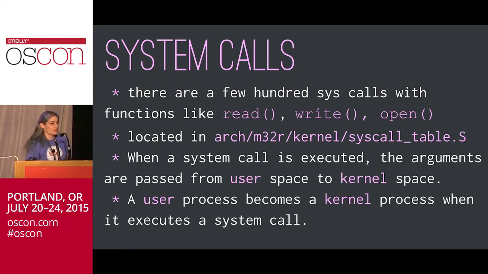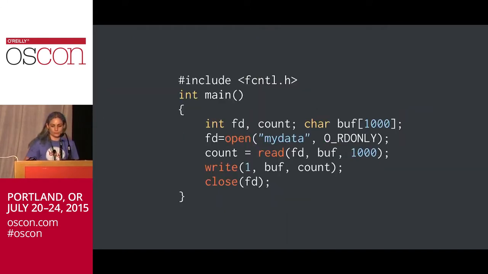There are a few hundred system calls, with the exact number varying slightly between different types of architectures. Some architectures have system calls which are either architecture specific or provide different sizes of parameters to the same function. When a system call is executed, the arguments to the call are passed from user space into kernel space. The user process then becomes a kernel process while it's executing that system call.